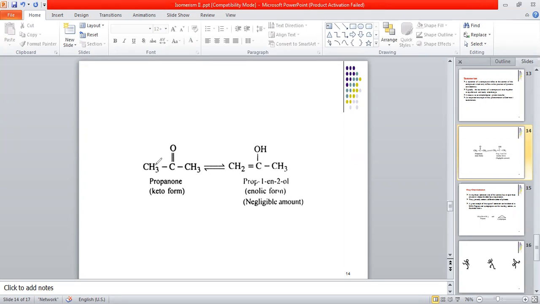Here one hydrogen will be lost, right? And here the double bond will be formed like this, and the ketone C=O double bond will be broken down. Here the hydrogen will become like this. So you can see this ketone is easily converted into this alcohol molecule.